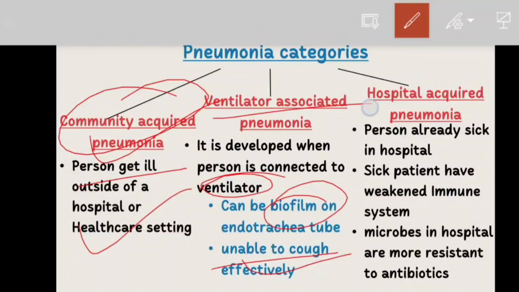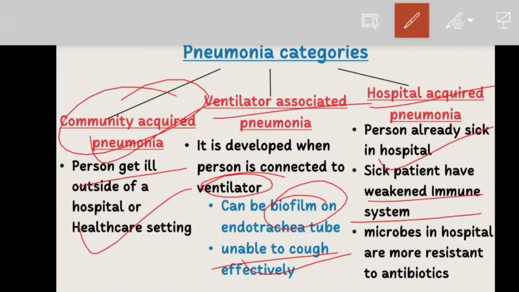Now the third one is hospital acquired pneumonia. Here the patient is already admitted to the hospital for another illness. The person is already sick in hospital, and sick patients have a weakened immune system. After staying in the hospital, the patient develops pneumonia. Why?